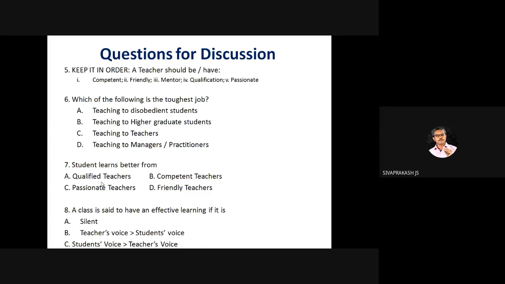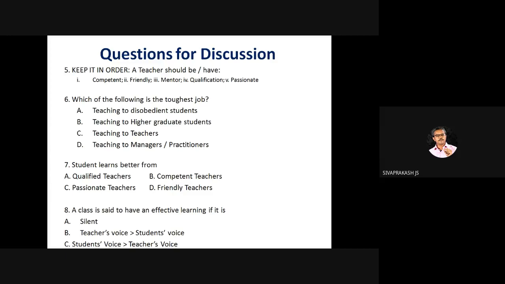Option C, the student's voice is more than the teacher's voice. I think the fourth option is hidden; it is not visible now. The fourth option is, the teacher's voice is equal to the student's voice.